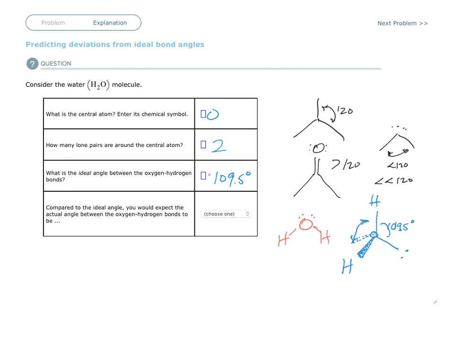Would it be 109.5, greater than 109.5, or less than? It's the 2 sets of lone pairs that are having the influence. It's going to be less than. It'll be smaller than normal because those electrons are going to be having more of an influence or a push on it.